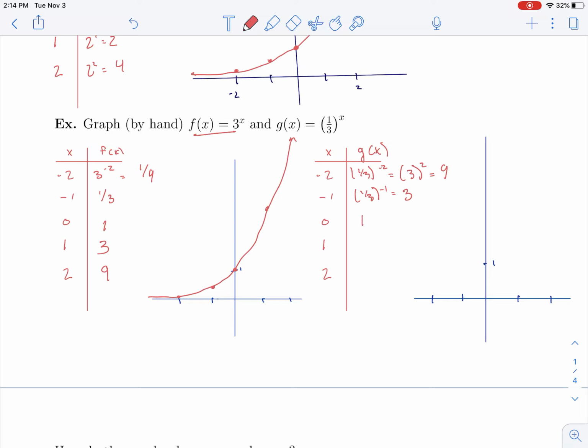Again, anything to the 0 power is 1. 1/3 to the first power is 1/3. And 1/3 squared is 1/9. Do you see a pattern? They're switched. So I'm not even going to try to put 9 up on there because I know it won't fit.